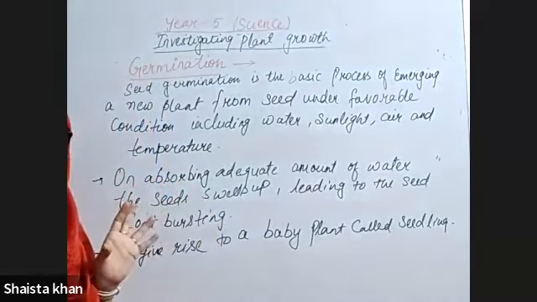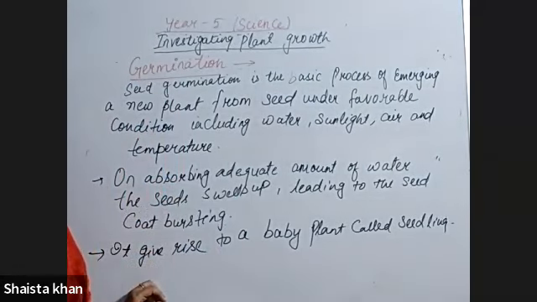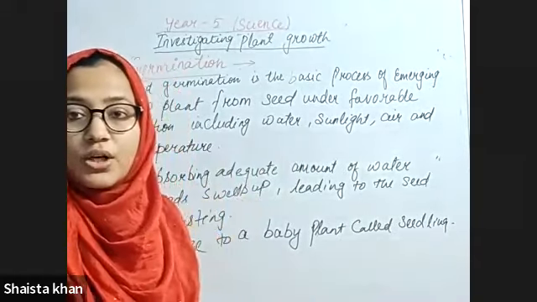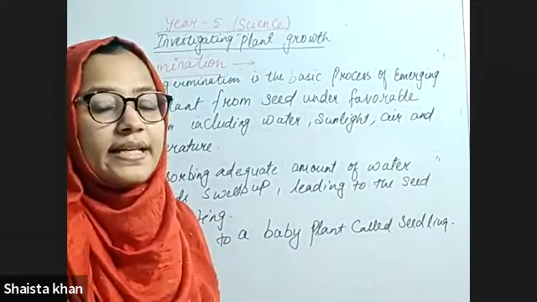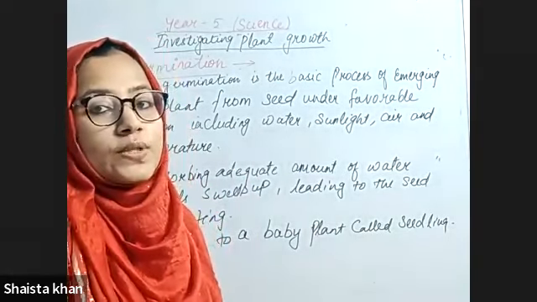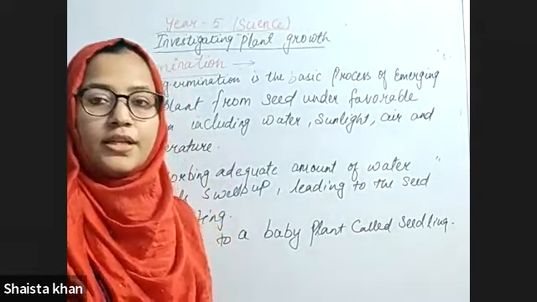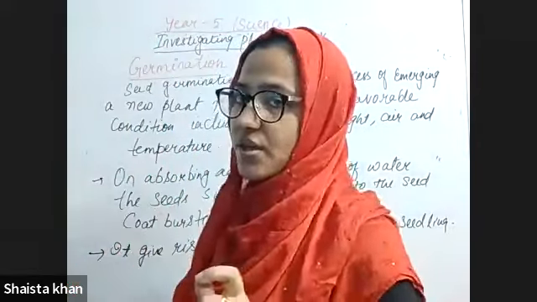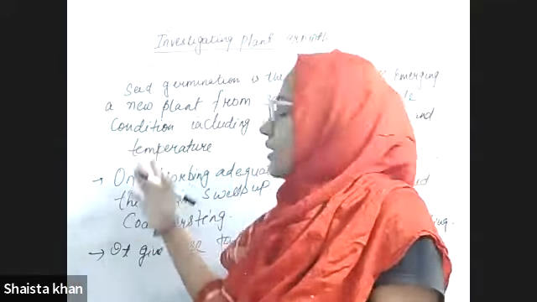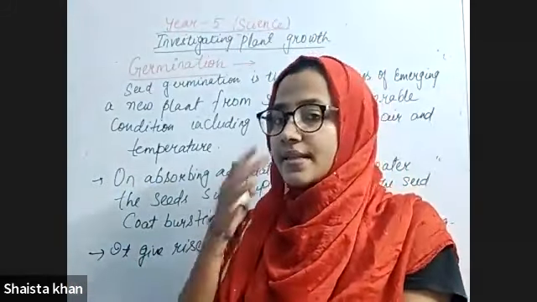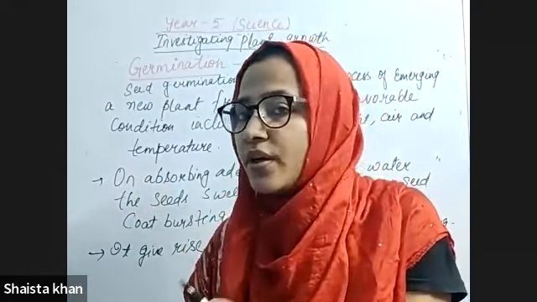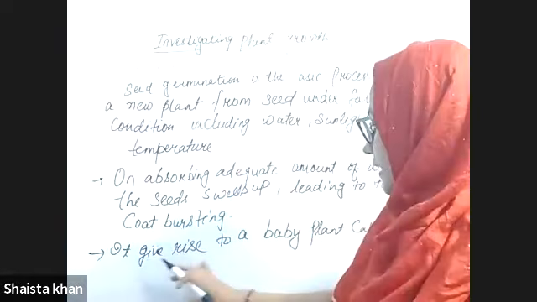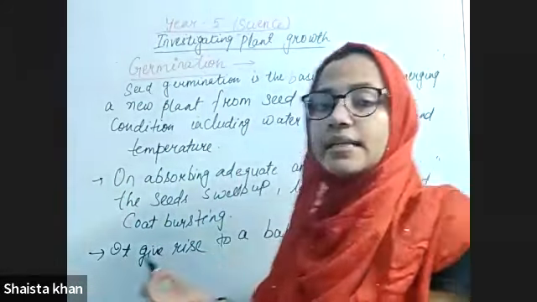You know what a cotyledon is? As I told you already, what is cotyledon? The part of the seed where food is stored. Fine. Cotyledon, and till the root system will develop. As I said, the embryo will start growing into the root system and the shoot system. Fine. If you have the book, you can see the picture mentioned in your book. Under germination, there are stages, there are levels of the germination. You can refer to your book. Fine. It gives rise to a baby plant called seedling.